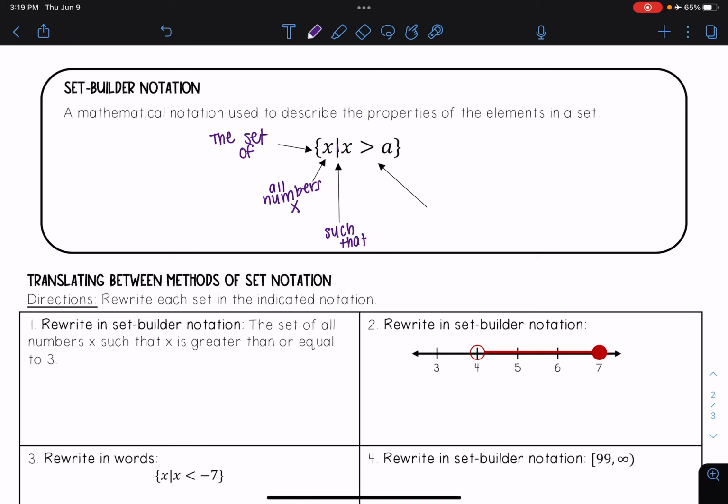And then here it's just going to be whatever those properties are. So in this case, it's going to be x is greater than a. All in all, when I'm reading that as a full sentence, this notation says the set of all numbers x such that x is greater than a. So in this set, we're only looking at numbers that are bigger than a.